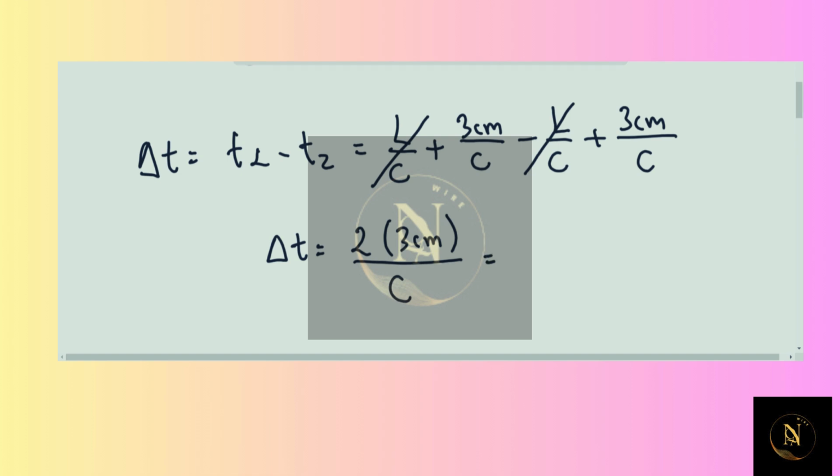So we need to transform centimeters into meters. We know that 3 centimeters, we just divide that by 100, and so we obtain 0.03 meters over the speed of light. And we know that the speed of light is 3 times 10 to the 8 meters per second.